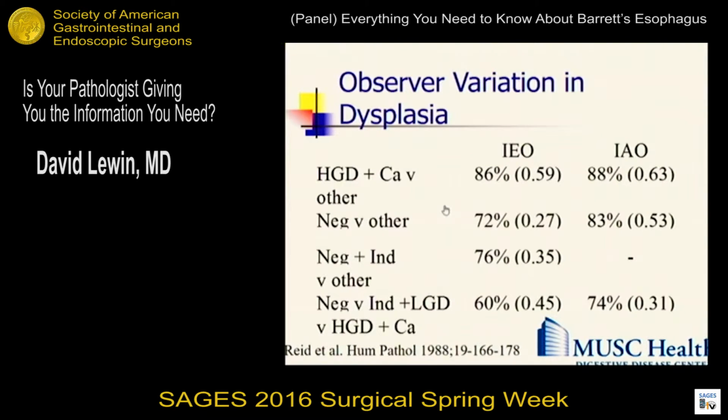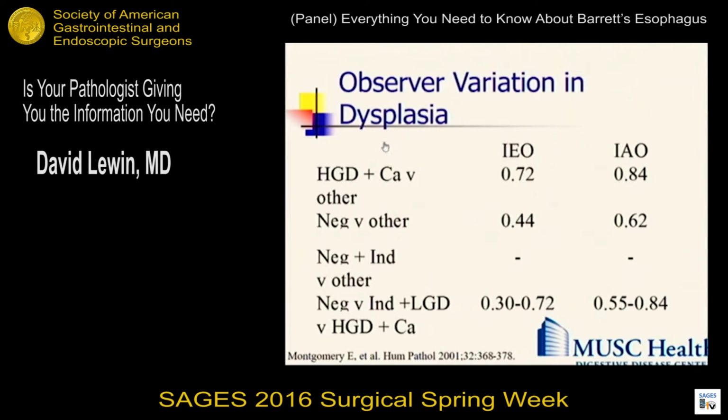Pretty similar in terms of what our study was 10 years or more later, looking at high grade and cancer versus other, negative versus other, and a few other groupings. Using those same groupings, you can see similar inter-observer variability, still reasonable kappas, especially for the one we were most concerned about, high-grade and cancer versus other, pretty good agreement.